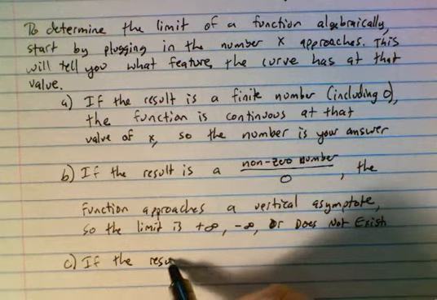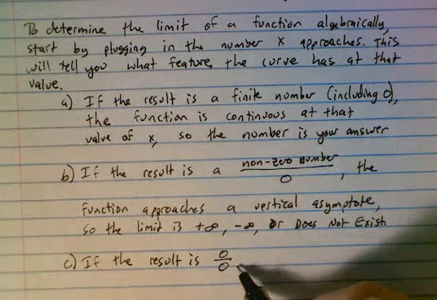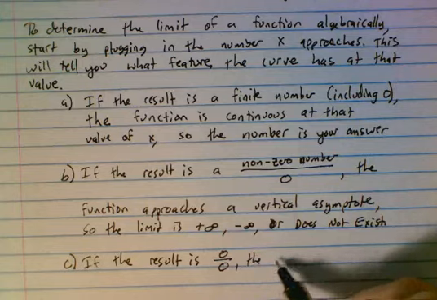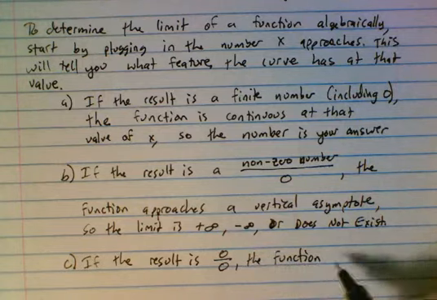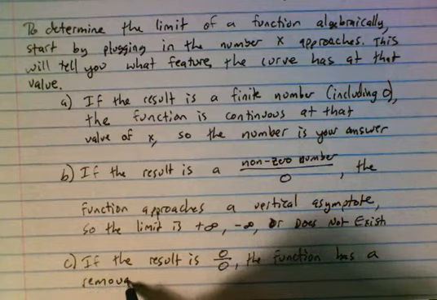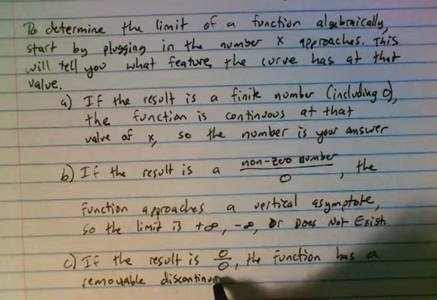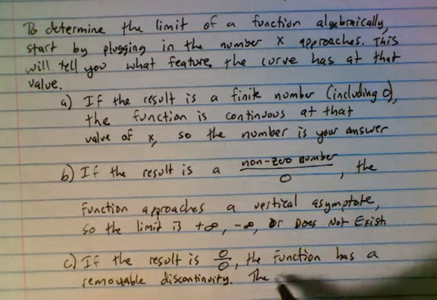If the result is 0 over 0, the function has a removable discontinuity. The limit will be a number.